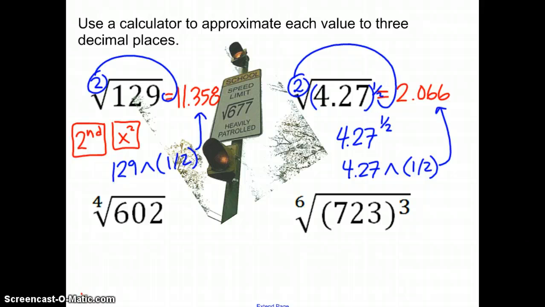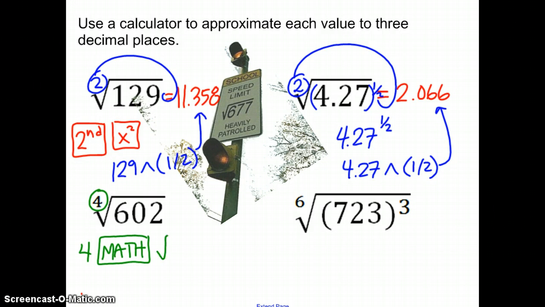Now, when you've got these other ones where the index is not 2, you can still do these. It's just a little bit trickier in your calculator. If you've got a TI 83 or 84, you're going to hit the index number first. So you'll hit 4, then you'll hit the math button. And what you want is option number 5.